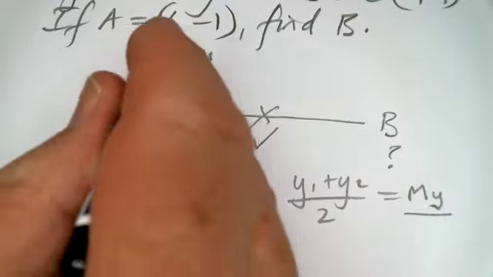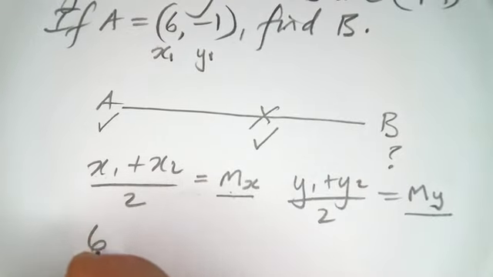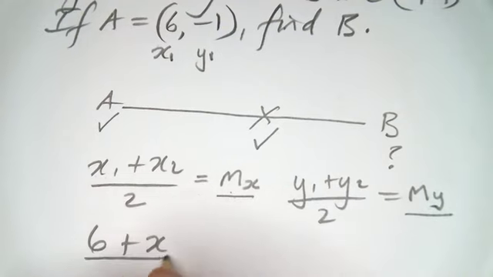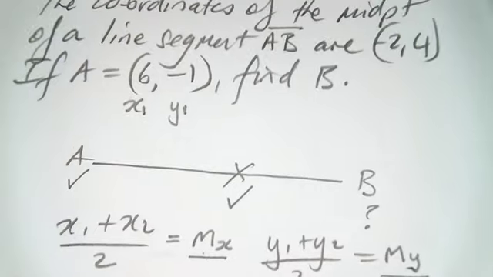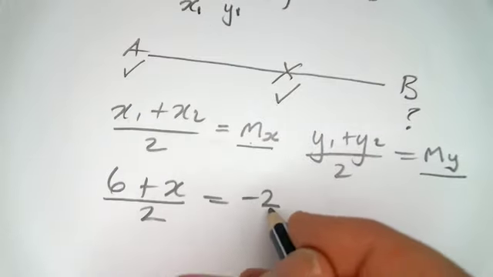x1 was 6, so it's going to be 6 plus x2. I'm just going to call it x, it doesn't really matter, divided by 2 equals the x value of the midpoint, -2.